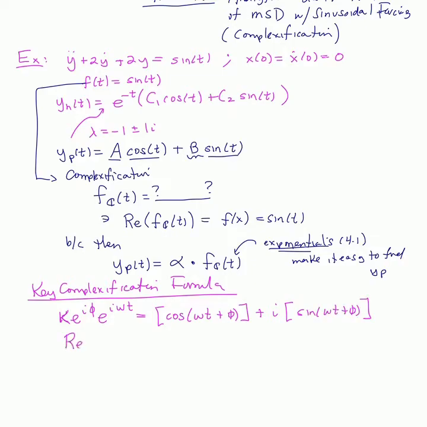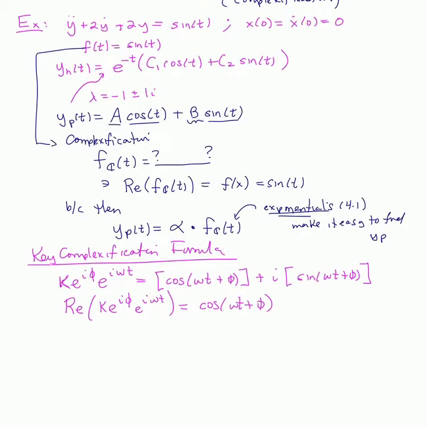So the real part of k e to the i phi e to the i omega t is equal to k cosine of omega t plus phi. So the goal is to get our forcing function in terms of cosine of omega t plus phi, which we called the amplitude phase form.